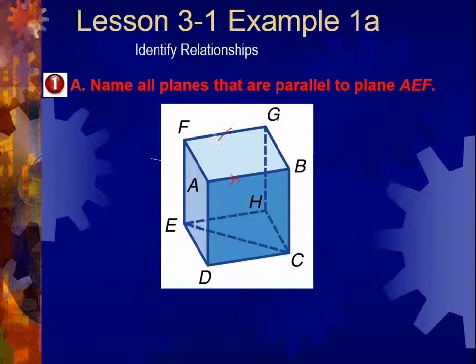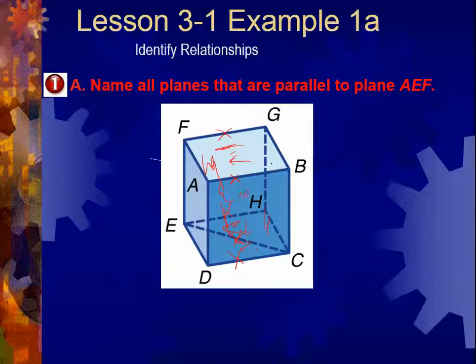FG also touches, we cross that out. EH touches, DC touches, and EC touches that plane. Okay. So we don't want the top, we don't want the bottom, we don't want the front, and we don't want the back. It's kind of hard to distinguish between those.